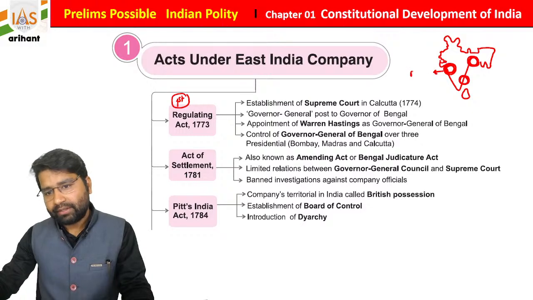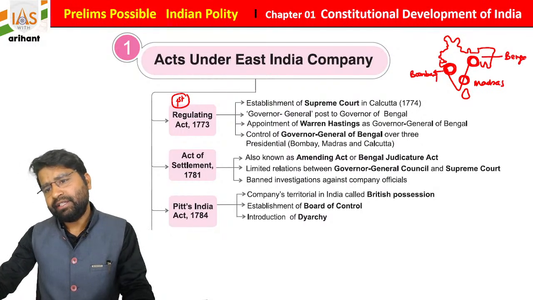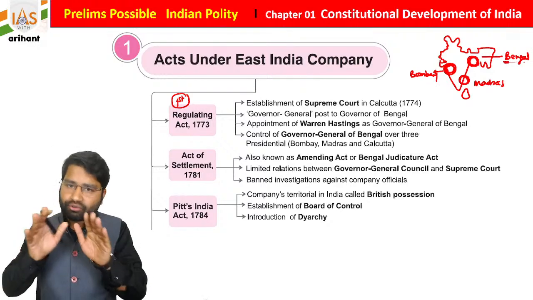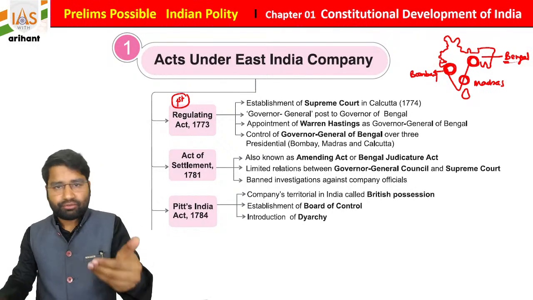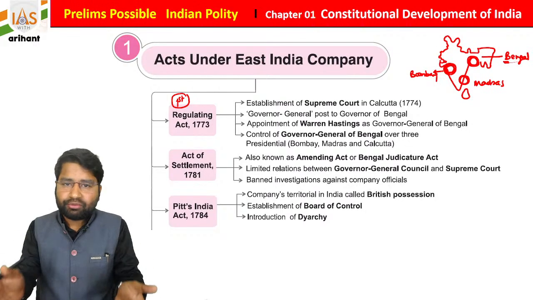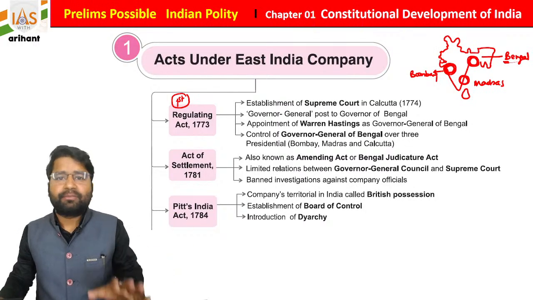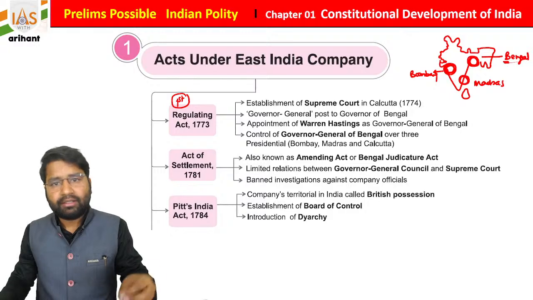This is the Presidency of Bombay, this is Madras, and this is Bengal. Initially, these three territories were totally independent, meaning they did trade in their own territory, and they were responsible for their own council and works.